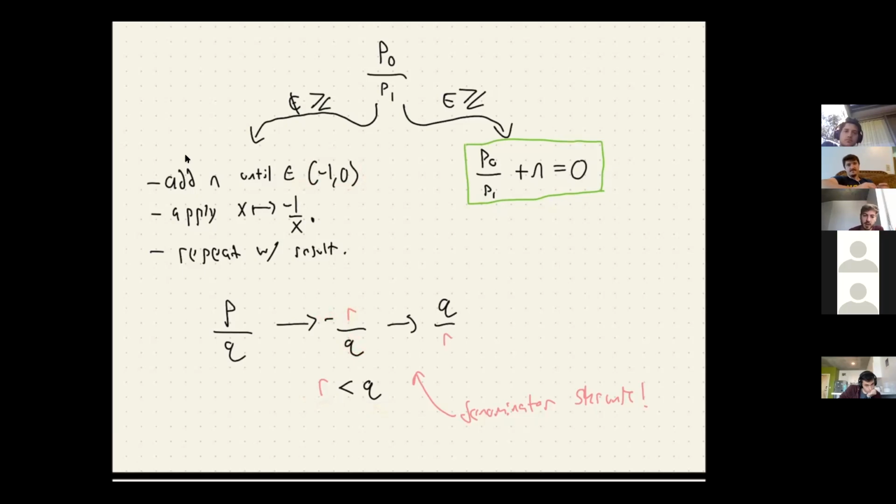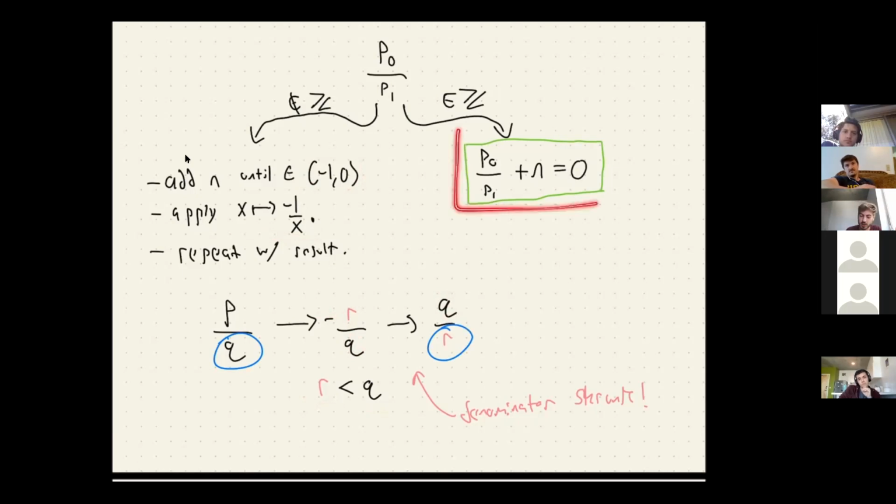When I take the negative reciprocal, that flips the denominator up into the numerator. So this is larger than this, and our denominator shrunk. If we started with a finite denominator and keep shrinking it, eventually the denominator is going to go to 1, at which point we have an integer.